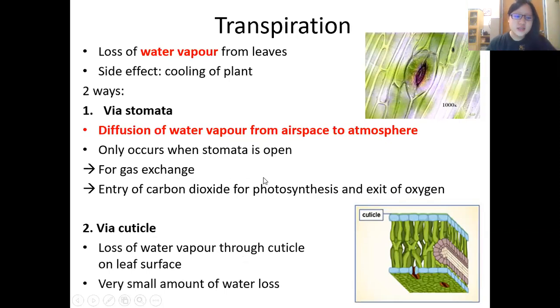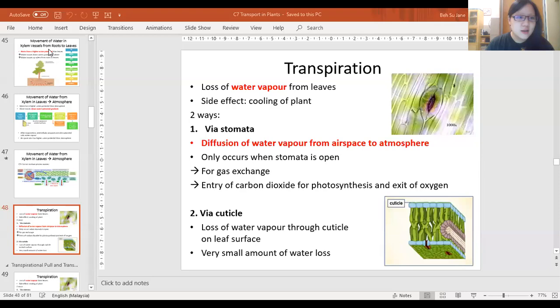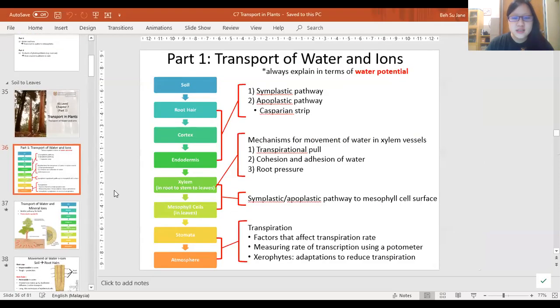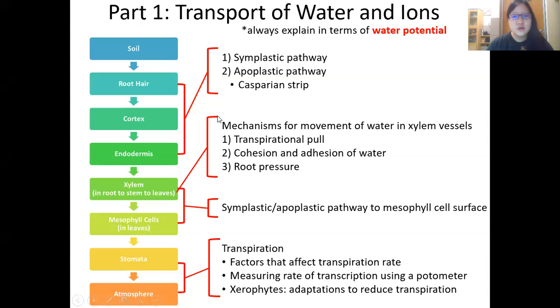Now, just a recap of what we just did. I'm going to go back to this slide here. Don't worry about this slide; it is usually used for revision, but let me just use this to recap. The water travels from soil to root hair down the water potential gradient.